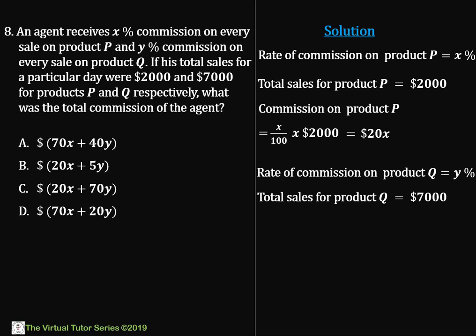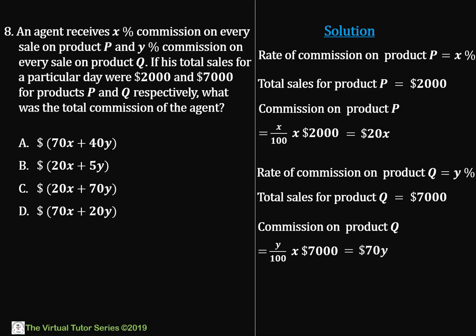The commission on product Q is the rate of commission on product Q multiplied by the total sales for product Q. That is Y over 100 times $7,000. 100 into $7,000 is $70, and $70 times Y is $70Y. Therefore, the commission on product Q is $70Y.